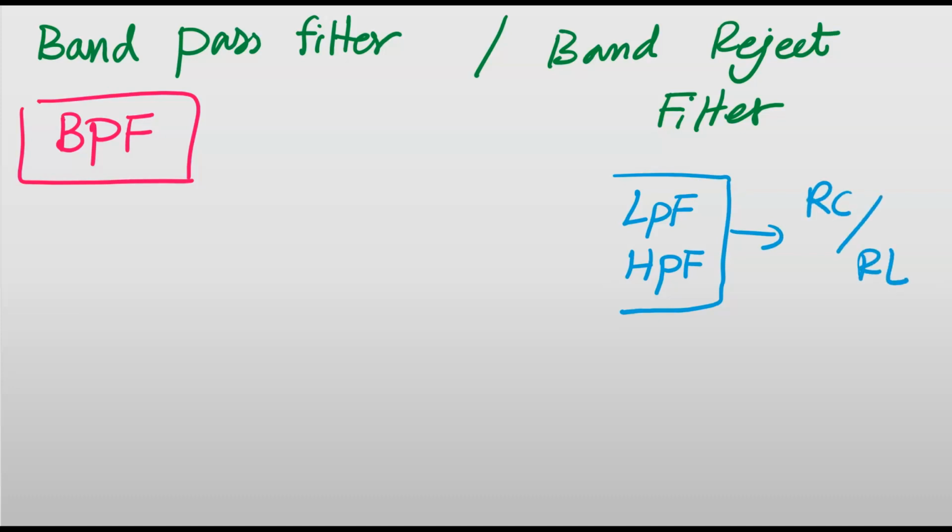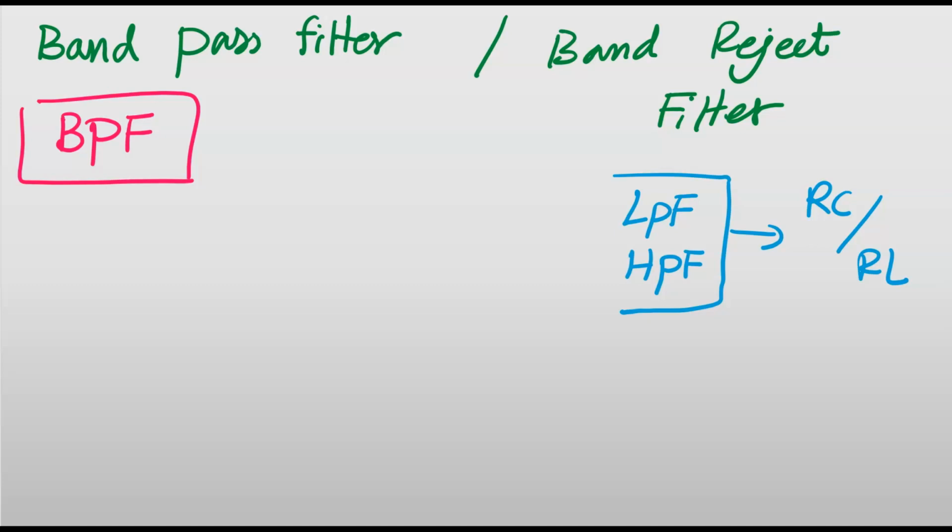So you can design low pass or high pass filter with passive components such as resistor, capacitor, or inductor. We saw that the low pass filter passes low frequency component from the input signal, while the high pass filter passes the high frequency component from the input signal.